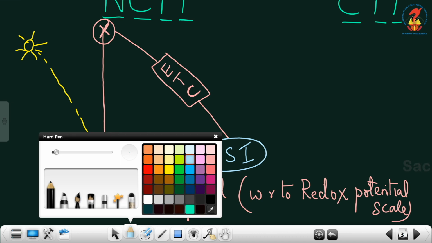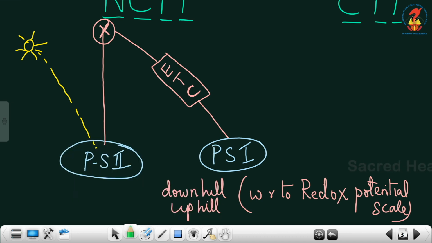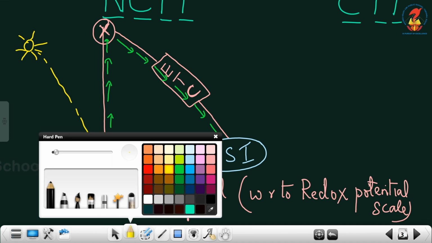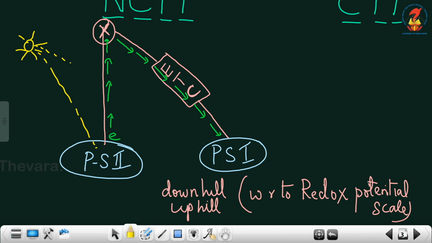Once again, there was an electron that was emitted from photosystem 1. The electron got excited, emitted, and is accepted by an electron acceptor X. Then this electron, from that electron acceptor X, passes through the electron transport chain, and where will it go? It goes to the next photosystem, which is simultaneously illuminated by the sun's rays.